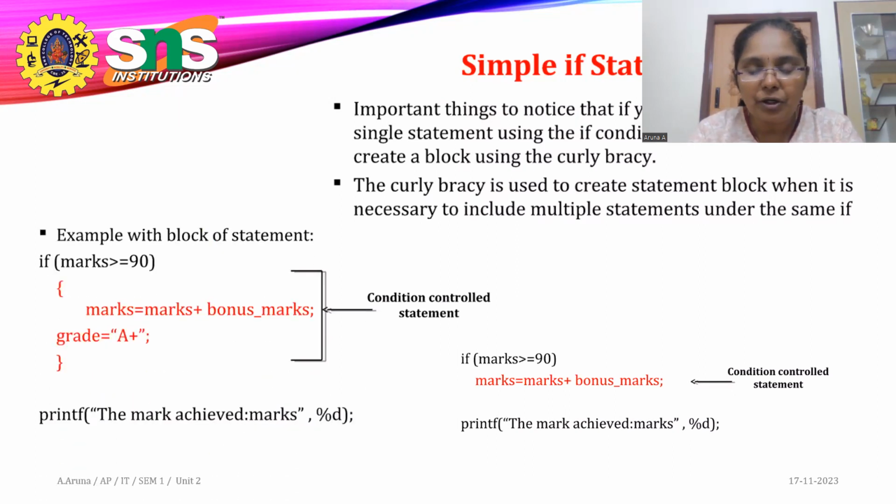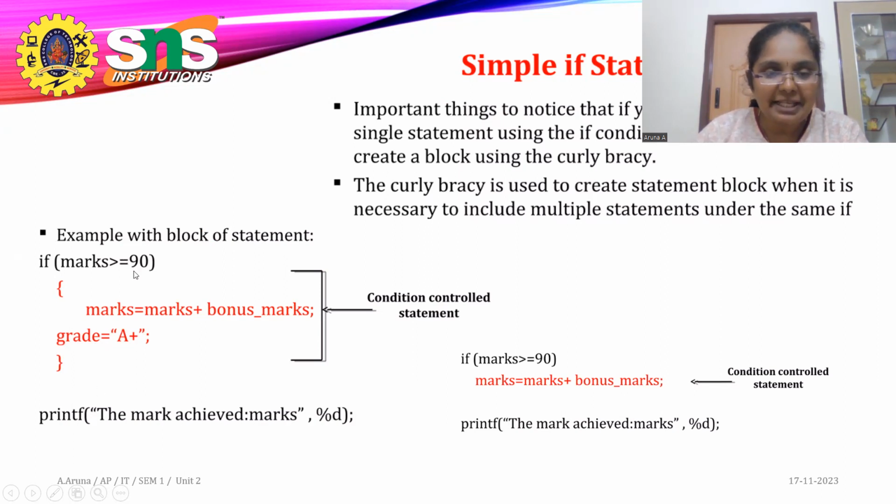Next, I have quoted two examples here, the same thing but in a different format. In the first example, if mark is greater than or equal to 19, it sets mark equal to mark plus the bonus mark. After that, it must execute the assignment of grade equal to A plus.